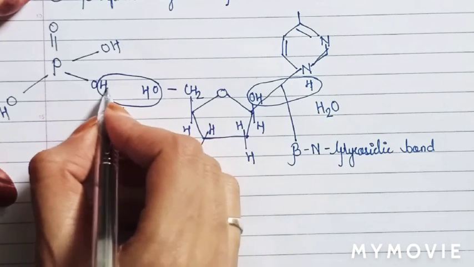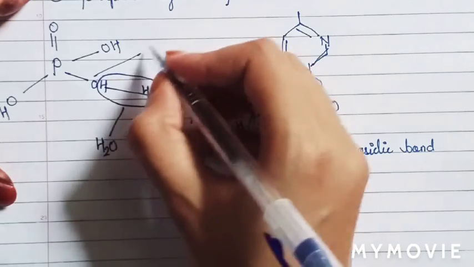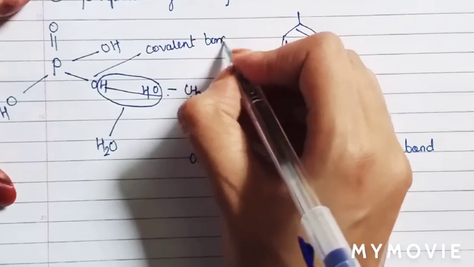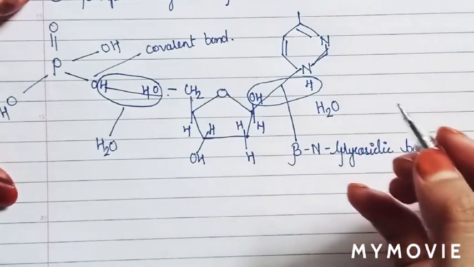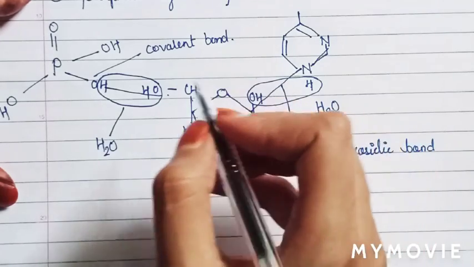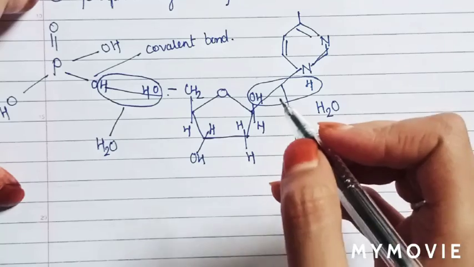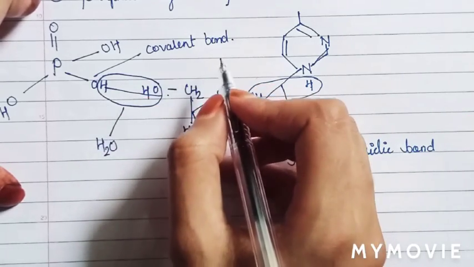Then this O binds with this CH2 and forms a simple covalent bond. In many books it is given as a half phosphodiester bond, but that is not necessary. If you are talking about a single nucleotide or single deoxyribonucleotide, then remember that this is a simple covalent bond.